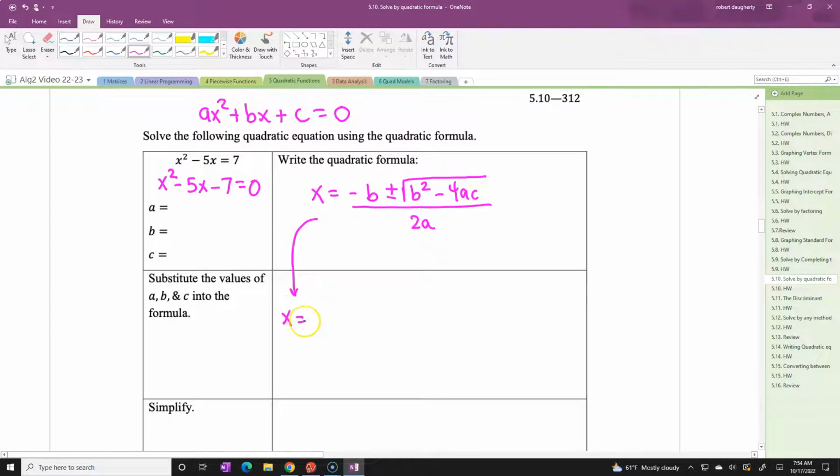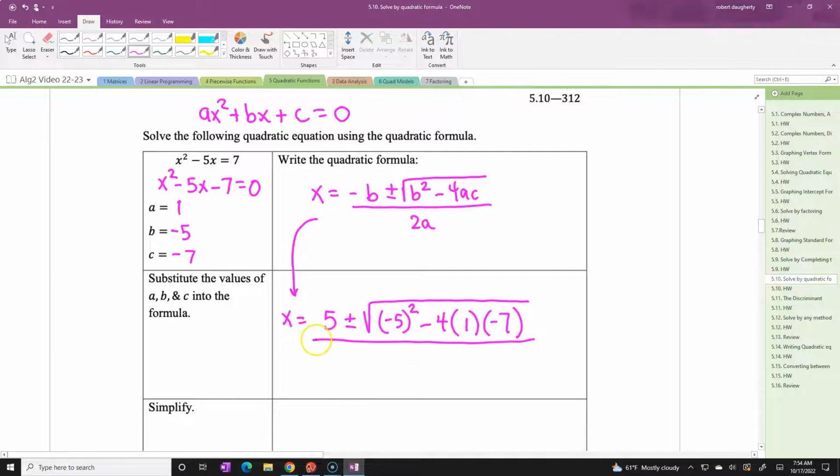Now we can substitute in the values. x is equal to, now what some people would do is they'll write over here, a is equal to 1, b is negative 5, c is negative 7. So x is equal to negative b, that's going to be 5, plus or minus the square root of b squared minus 4ac, all of that over 2a.